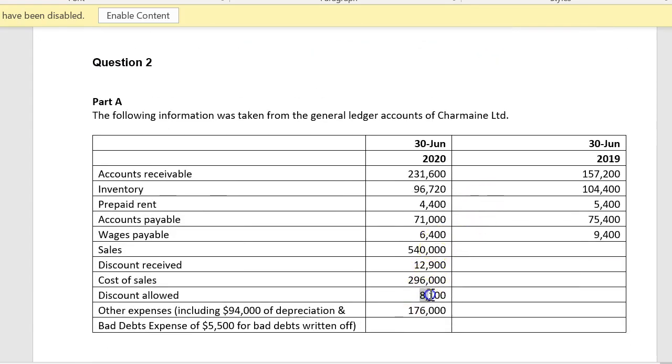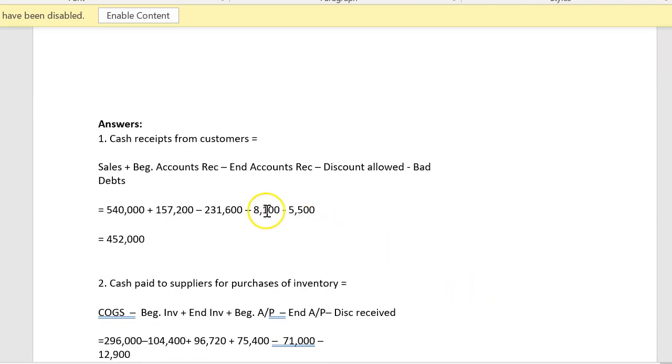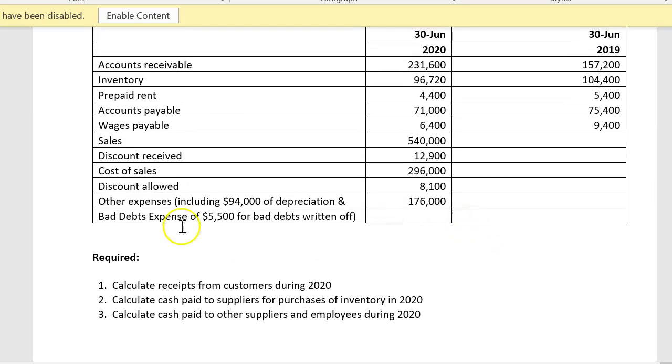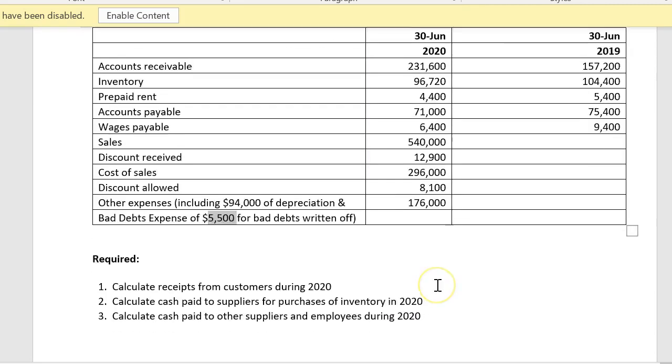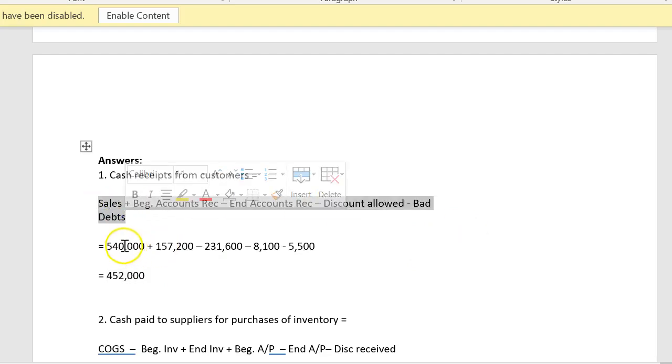You minus discount allowed, which is 8,100. And bad debts, which is given to you in the exam. Where's bad debts? Here, of $5,500. There you go. So cash receipts from customers is 452,000. So it's always important that you write the formula first, followed up by the numbers.